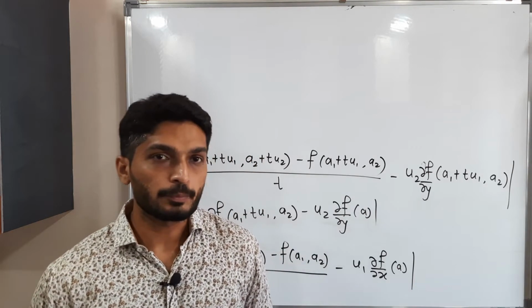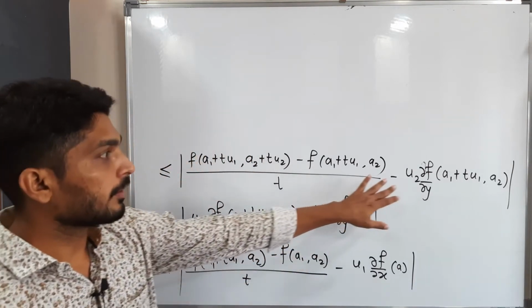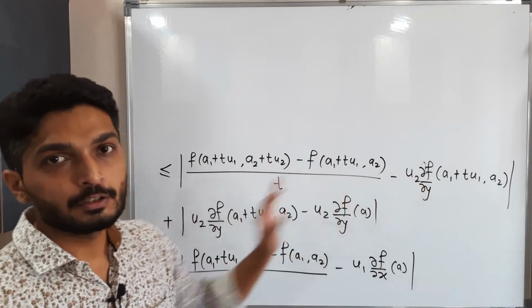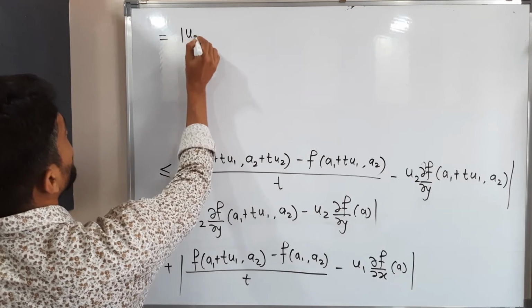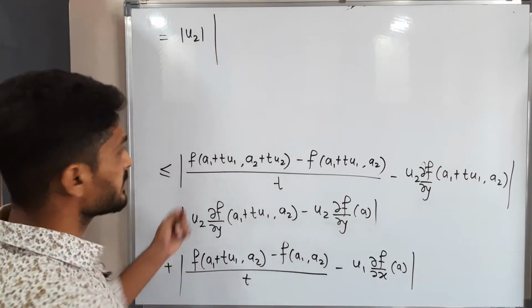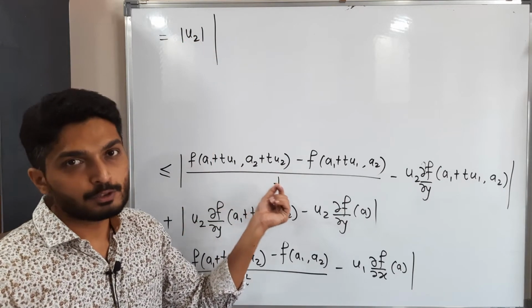So let us continue. What will I do? From the first mod, I'm going to take u2 common. When it comes outside, it will come with mod. See, there is no u2 to take common, so it should be in the denominator.